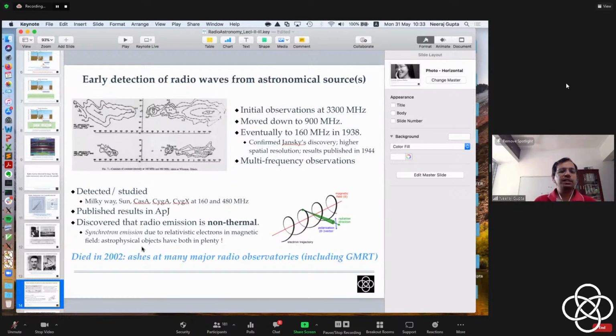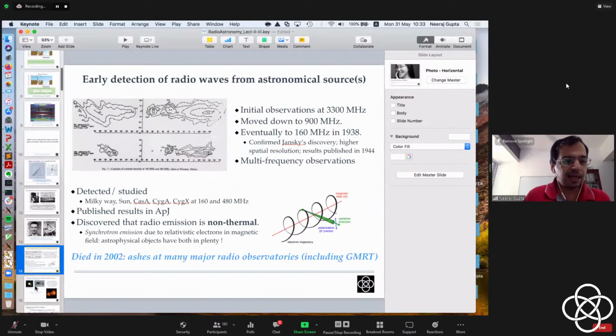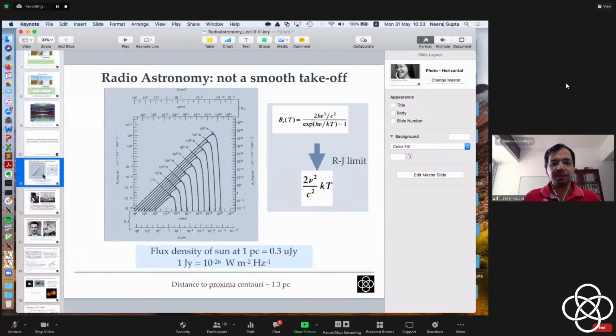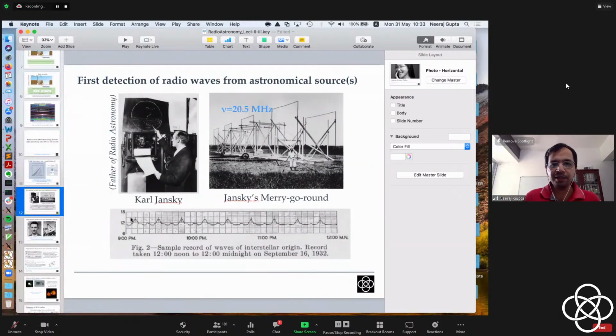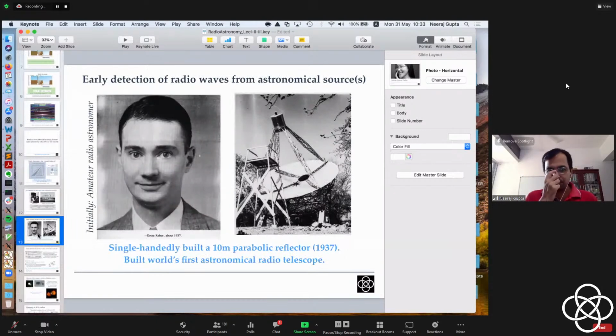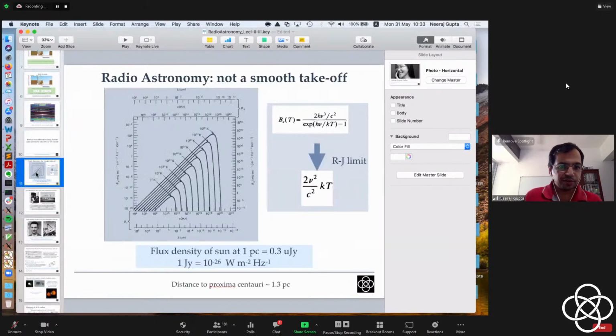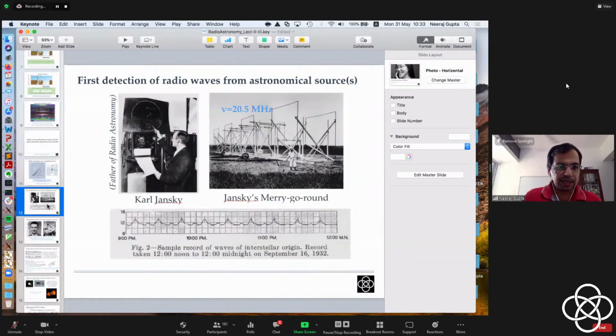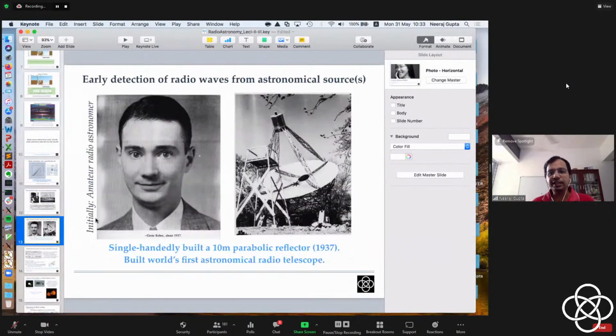So this is one thing which I wanted to highlight to you, that whenever we plan an experiment, we of course proceed on the basis of our current understanding of the physical processes, and based on that expectation, we try to set up our experiment. Grote Reber, based on the understanding of thermal process and what Jansky had done, set up his experiment, but he did not detect along his expectation.